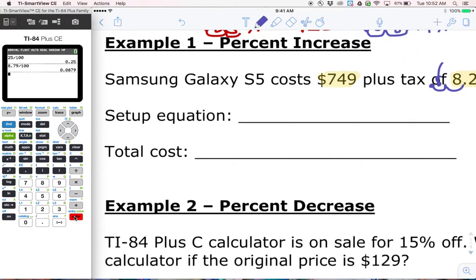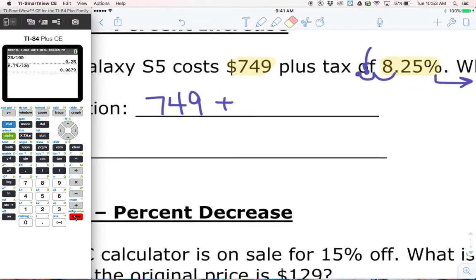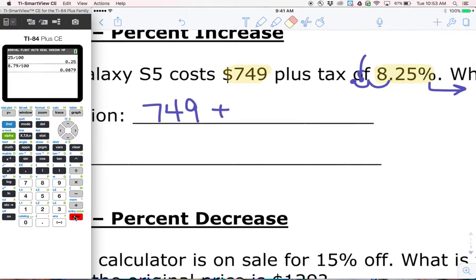Okay, so here's how we set up the equation. Oftentimes, you'll hear the phrase, the price plus tax, so $749 plus tax, right? So what we want to do today is calculate tax. This is a very useful thing to be able to do in real life. The tax is based on the price of the item. We have to ask ourselves, what is 8.25% of $749?